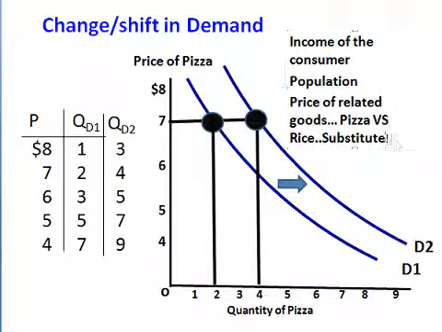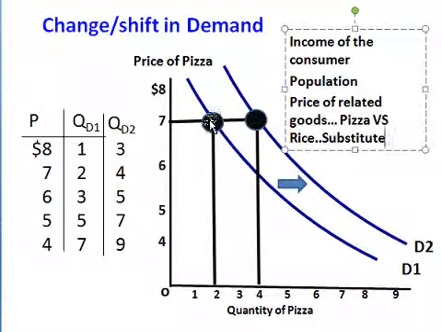Okay, now suppose we are here, right? Suppose the price of rice goes up in the market, but the price of pizza remains unchanged. In that case, demand for pizza will shift right. Right? Entire demand for pizza shifts right.